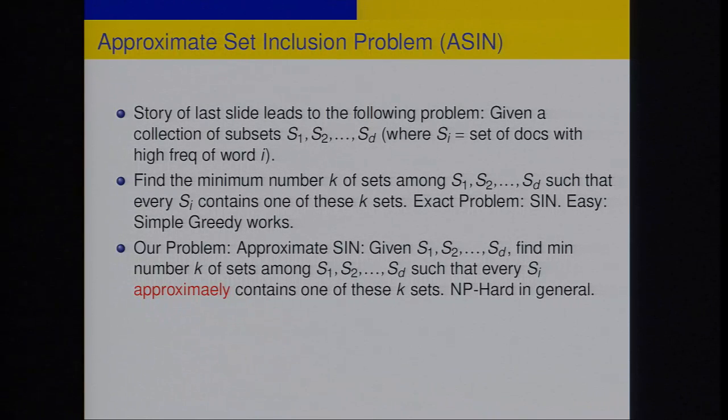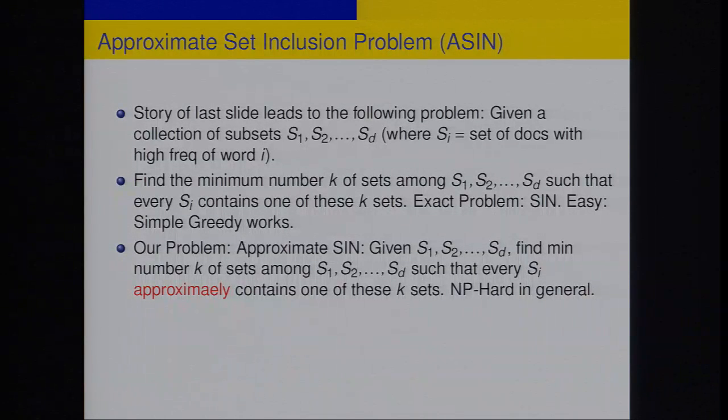Turns out that's enough. You should never take a set which contains something that's already there. Now, for this problem, it's important to require that the sets be among S1 through SD. If I don't require that, I can just take the empty set, and everybody contains the empty set. So the answer is trivial. So I have to have this.